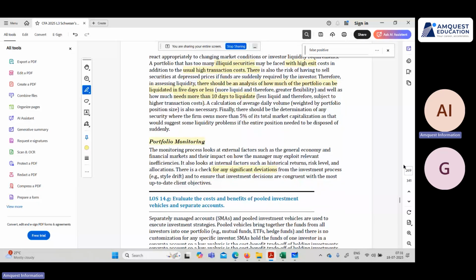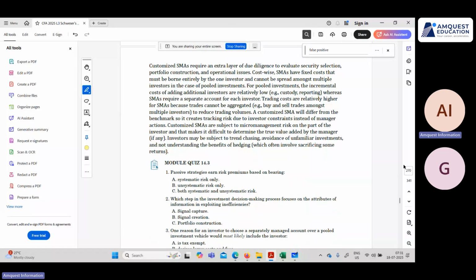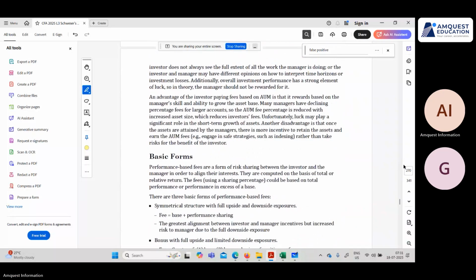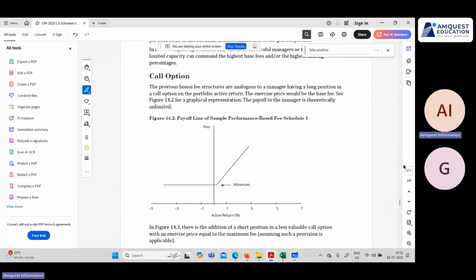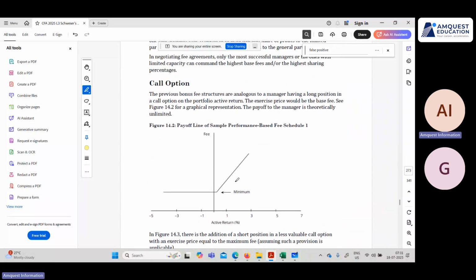I just want to show you something so that it doesn't intimidate you. They give you a call option, but just to show that this is the base amount that the manager is going to get. In the second option, where he is not willing to share the loss, the structure is such that he'll get the base with the full upside.